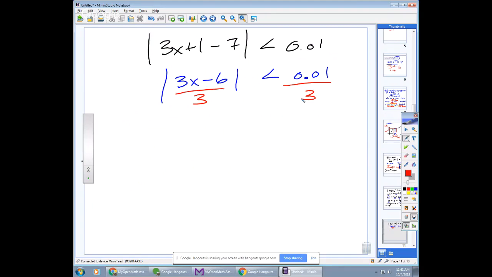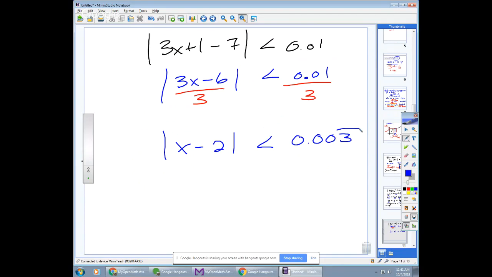So what do I get? 3 goes into 3x x times. 3 goes into negative 6, negative 2 times. Holy crap, look at that. That was my goal. I'm there already, and that has to be less than 1/3 of 0.01, which is 0.003 repeating.